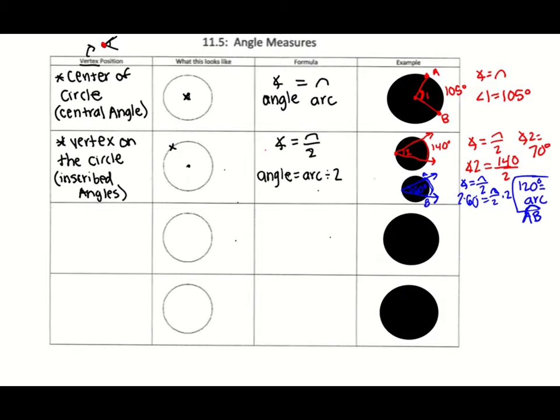Our next case is if our vertex is inside our circle, but it's not at the center. This is called an interior angle.